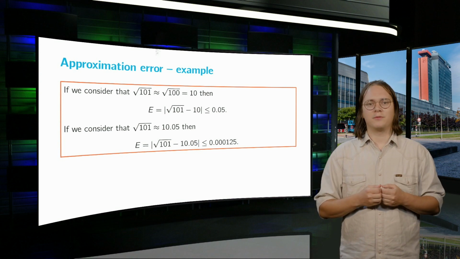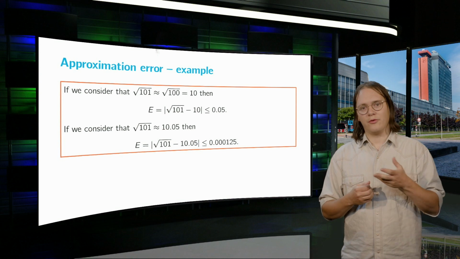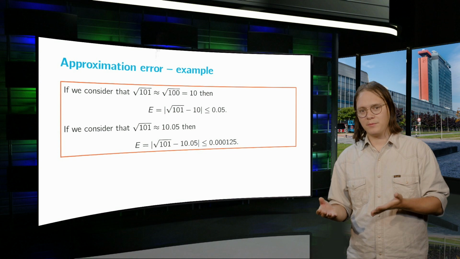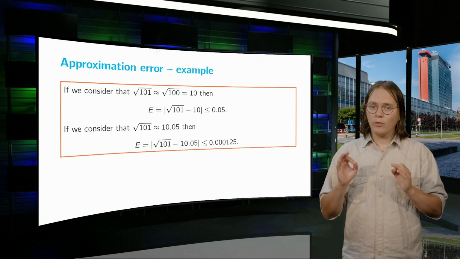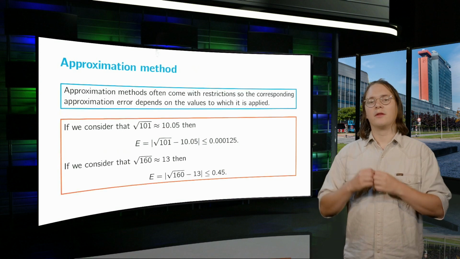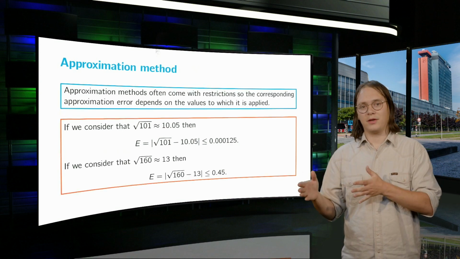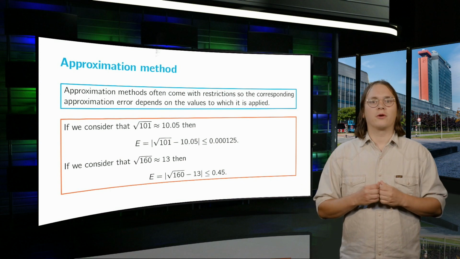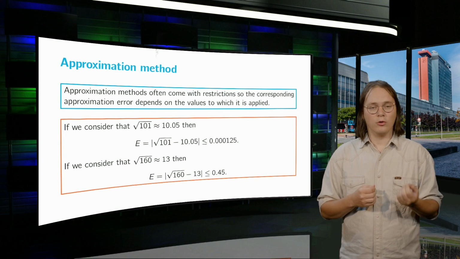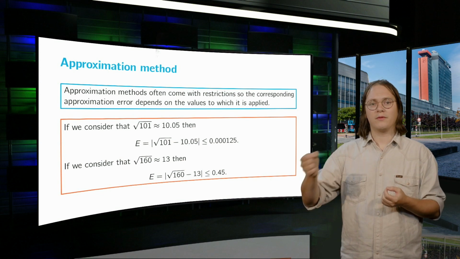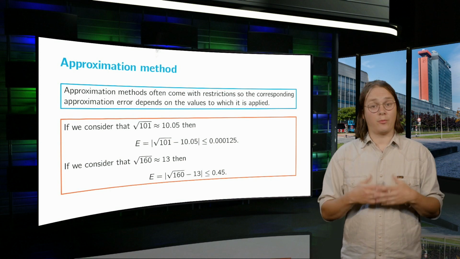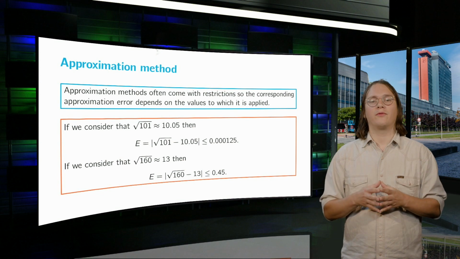Often, when we use approximation techniques, they will come with a restriction on the range of their applicability. This means that they will produce approximations with low approximation error only when we apply them for certain values. For instance, the approximation technique we will cover in the next video, and that was used above to approximate square root of 101 by 10.05 with an approximation error of at most 0.000125, would approximate the square root of 160 by 13 with an approximation error of at most 0.45.